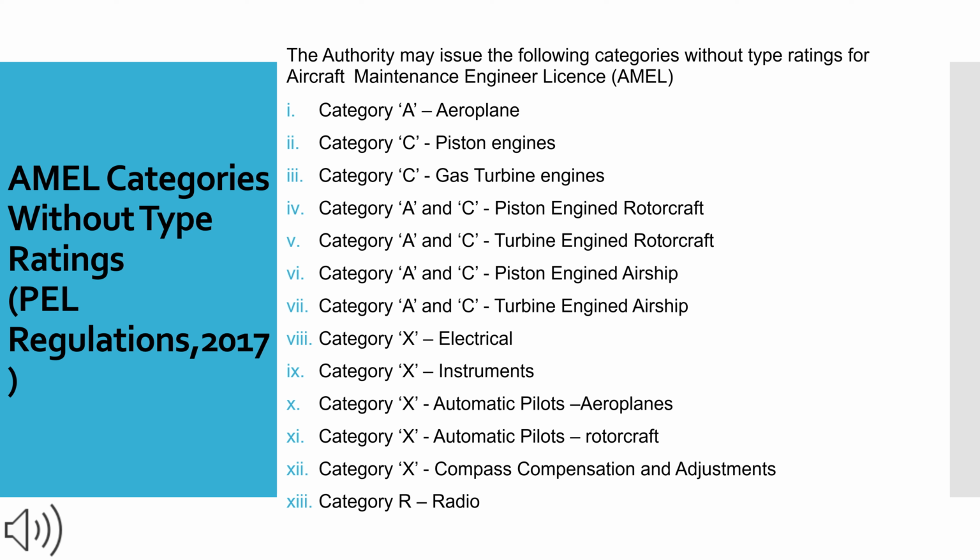Category A for aeroplane, Category C piston engine, Category C gas turbine engine, Category A and C piston engine rotorcraft, Category A and C turbine engine rotorcraft, Category A and C piston engine airship, Category A and C turbine engine airship, Category X electrical, Category X instruments, Category X automatic pilot for aeroplanes, Category X automatic pilots for rotorcraft, Category X compass compensation and adjustments, and Category R for radio.